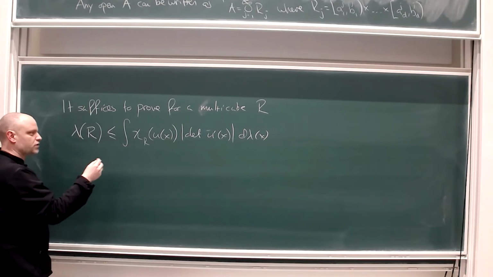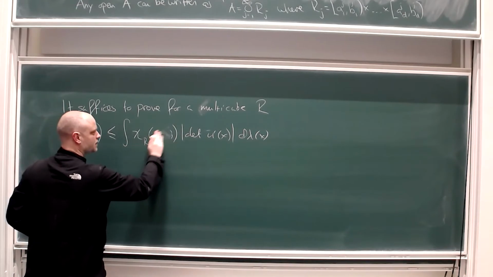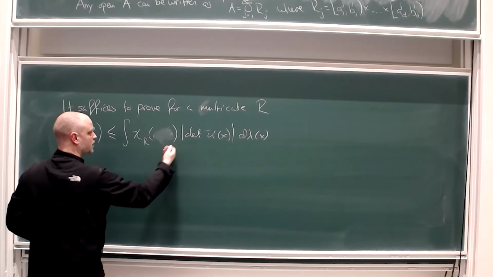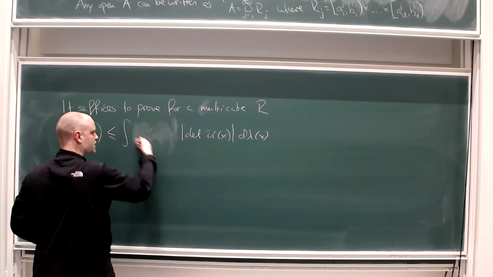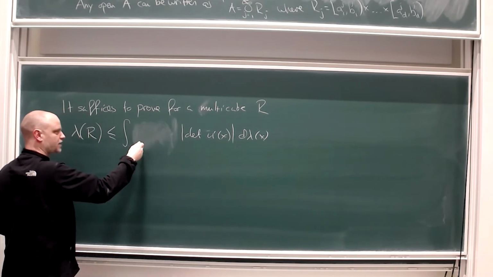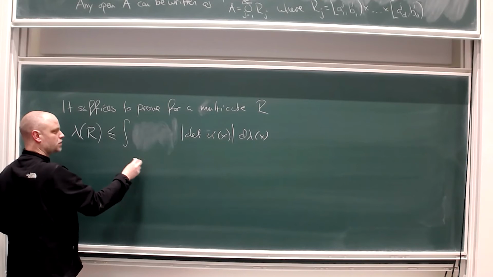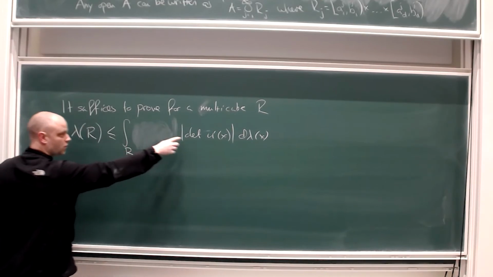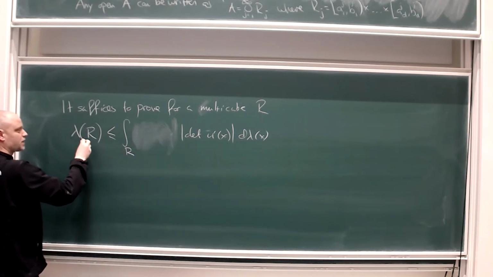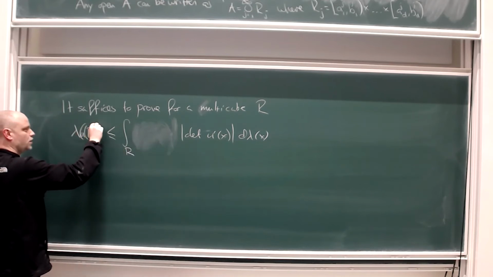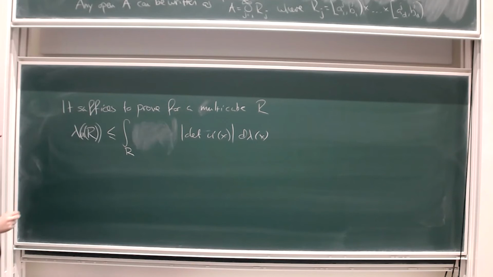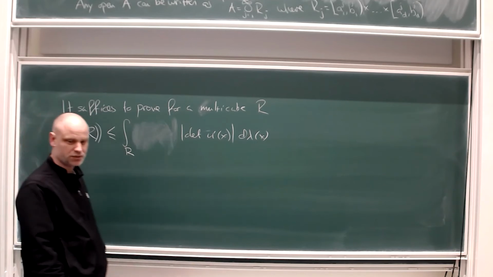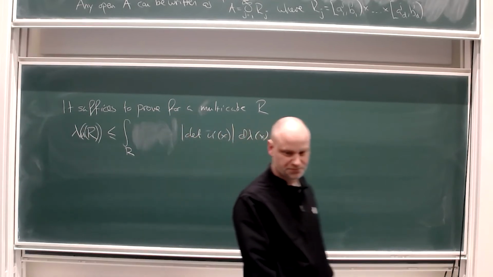So if we do that modification, then here we just get the characteristic function of that cube R, so we can just say an integral over R of the determinant, and here we get U applied to that R. Okay, so this is sufficient to prove.